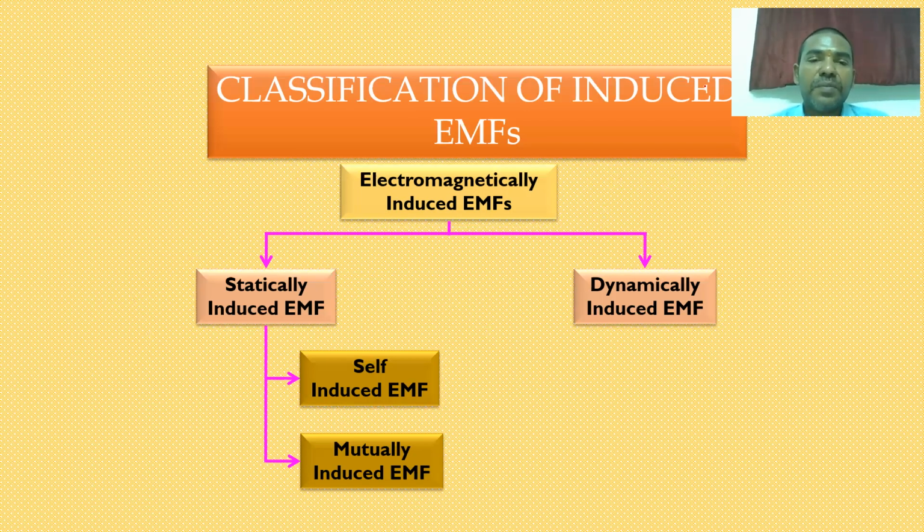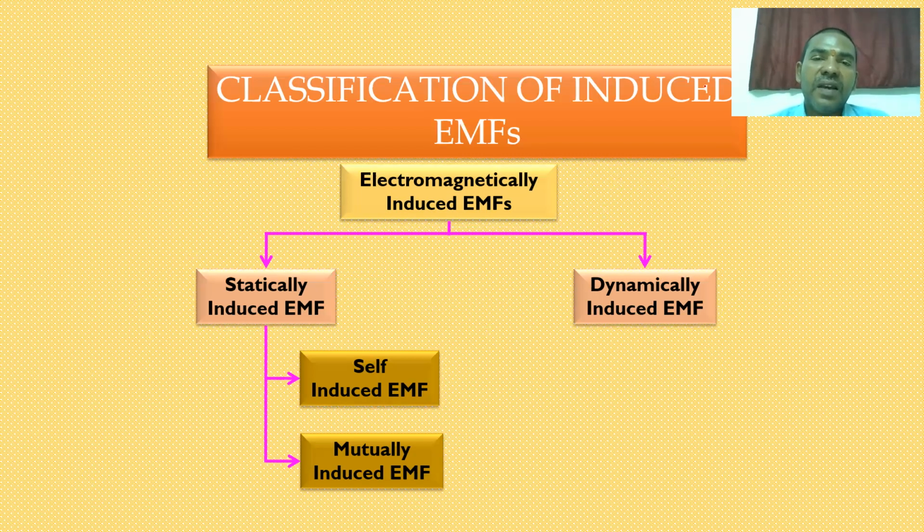Let us assume two or more coils are there. One of the coils is excited, and current will flow through the coil. Once current is flowing, a magnetic field around the conductor will be there. This magnetic field cuts the other coils.